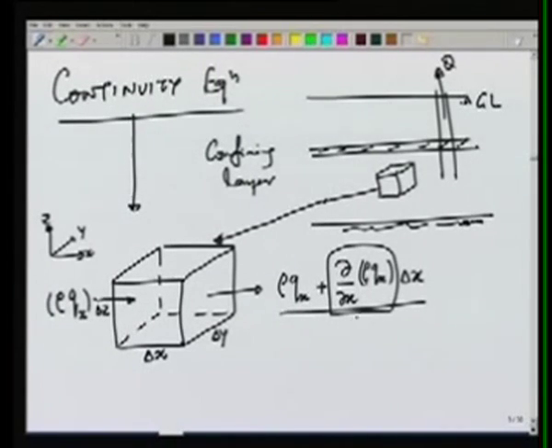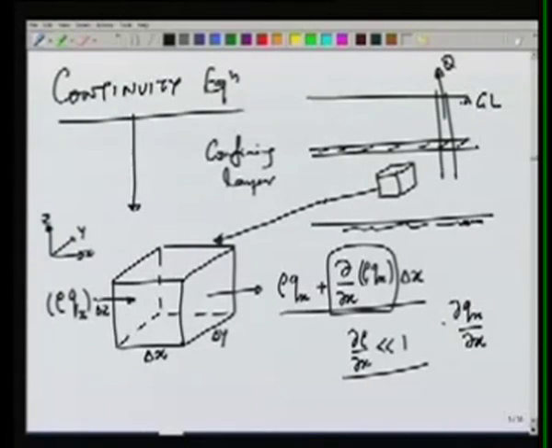But typically, the variation of rho is very small with respect to the other term, which is del qx by del x.